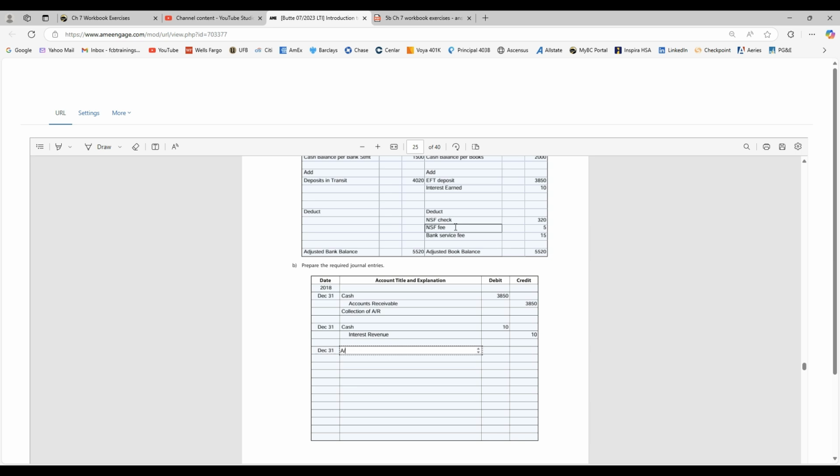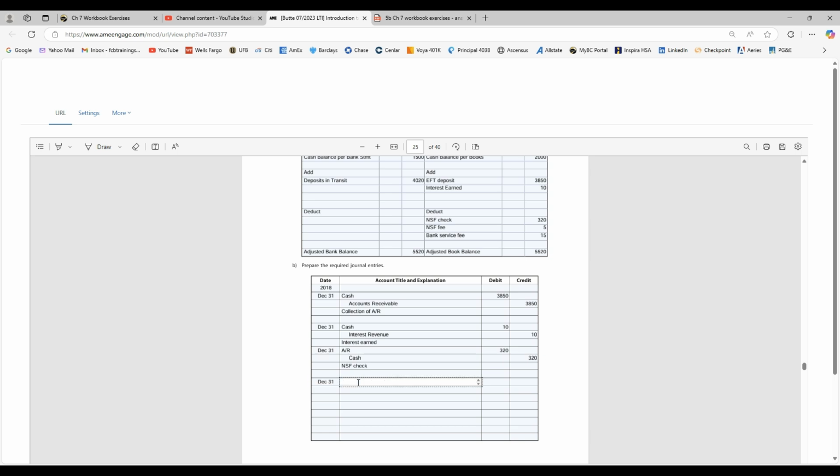The first one is an increase to accounts receivable because we're still going to need to collect this payment. We thought we did collect it, but it turns out that was not a good check. Oh, I forgot to put my explanation in there, but we'll just say interest earned.